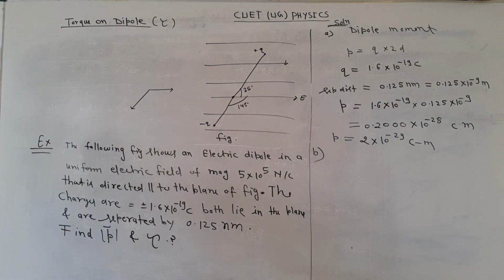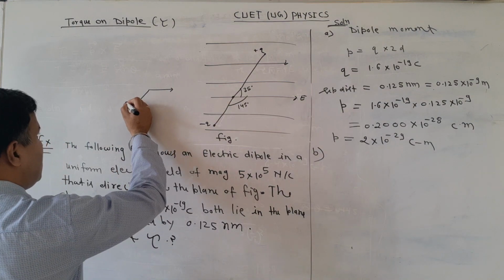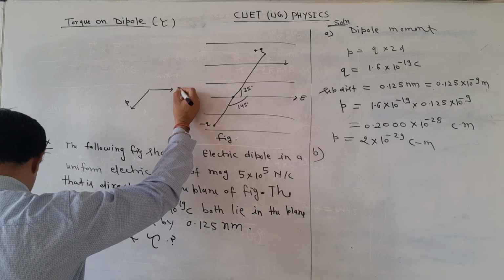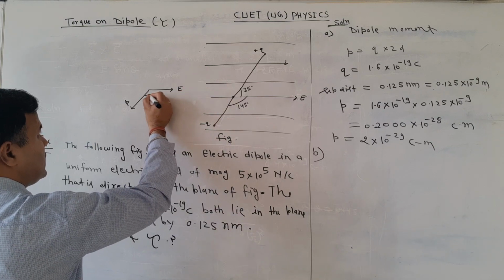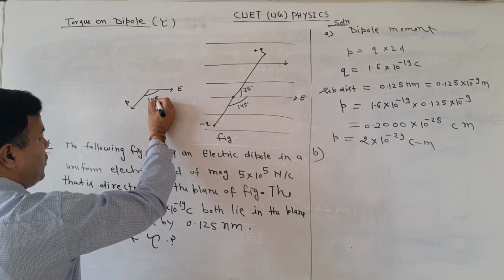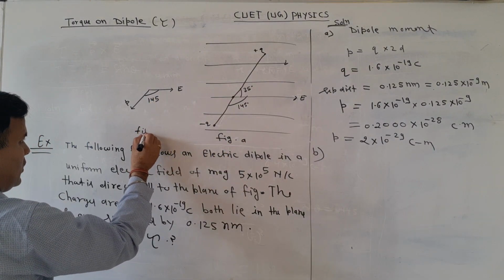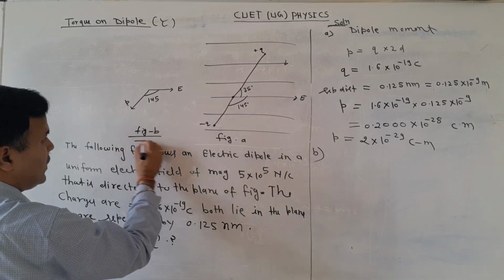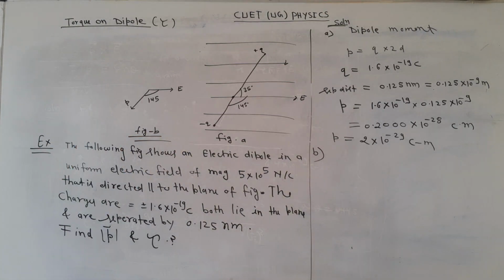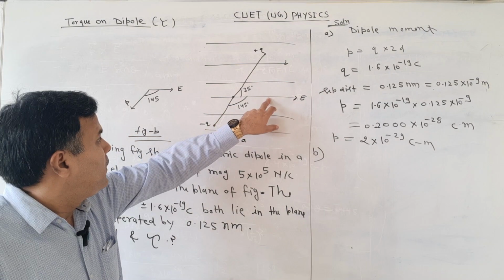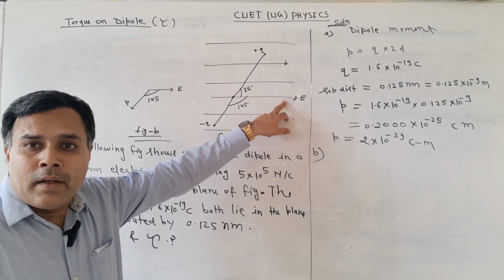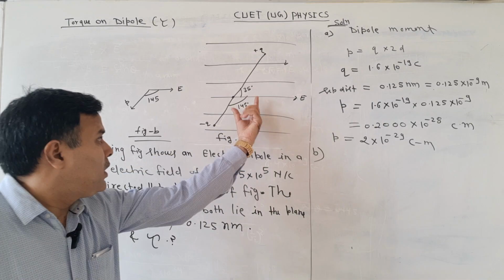So let's say this is figure A and this is figure B. This angle is the angle made by the dipole with the electric field. This is our interest.